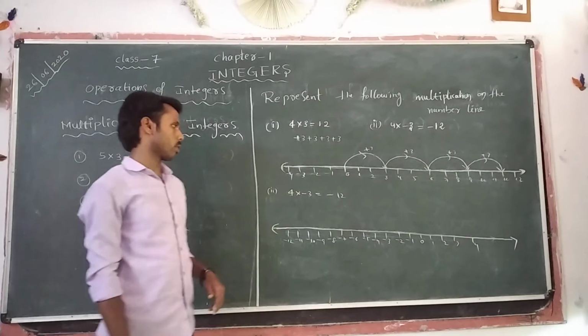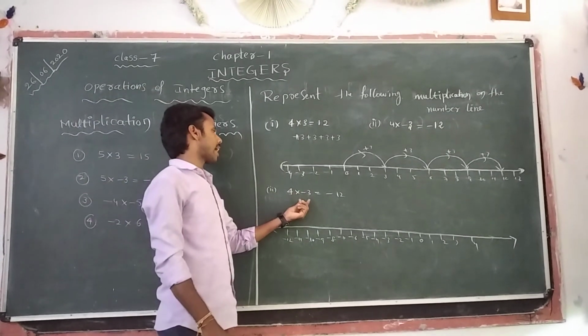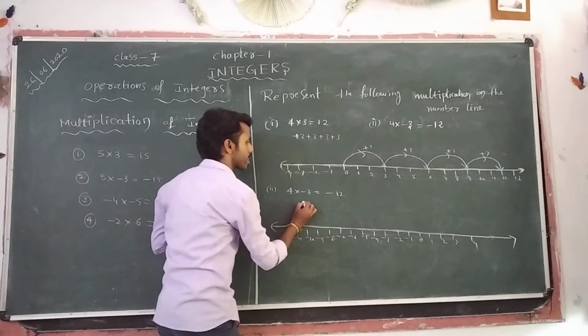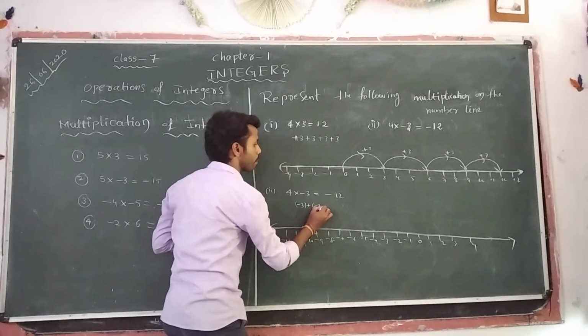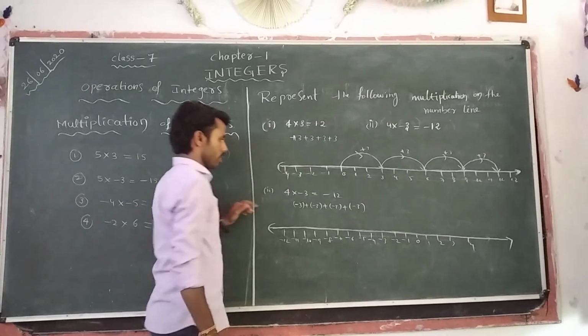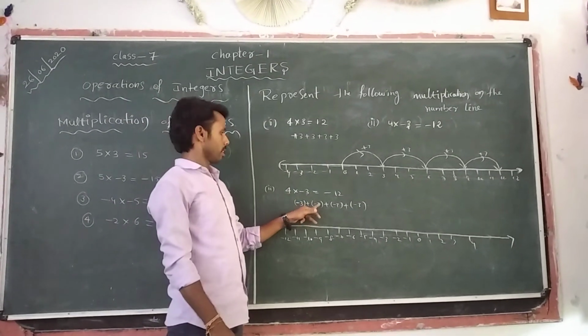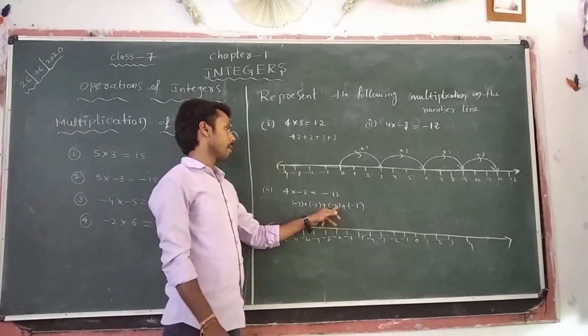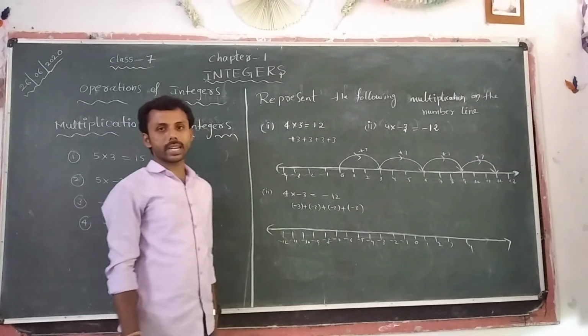So 4 times adding minus 3: minus 3 plus minus 3 is minus 6, minus 6 minus 3 is minus 9, minus 9 minus 3 is minus 12.